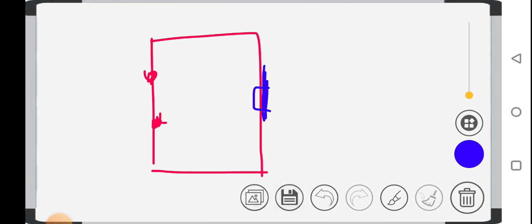Why is it so? The reason is that if we put this handle at the edge of the door, what will happen? It will create a maximum moment arm. This moment arm D. So what is moment arm? The distance between the fixed point and the point of application of force.